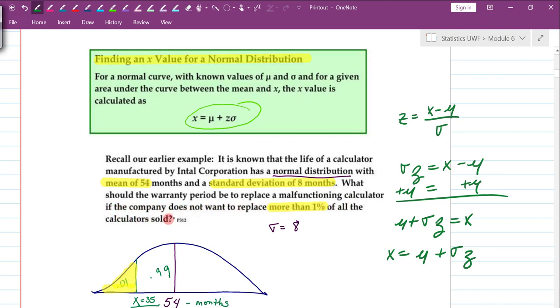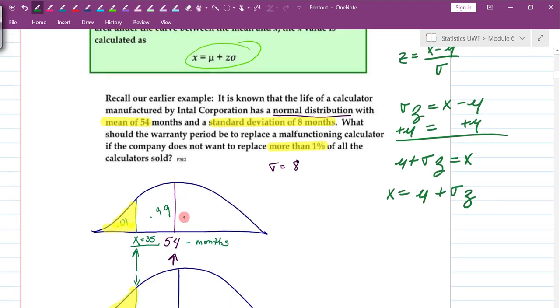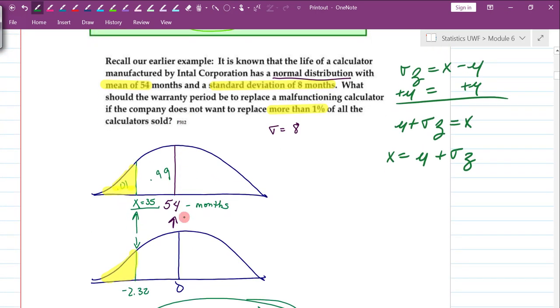Reviewing what we had before, the company does not want to replace that many. At most, they want to replace 1%. So we're looking at the left tail, with an area of 0.01. The calculators replaced are the ones that start to malfunction during the warranty period, and we're trying to figure out what the warranty period should be.